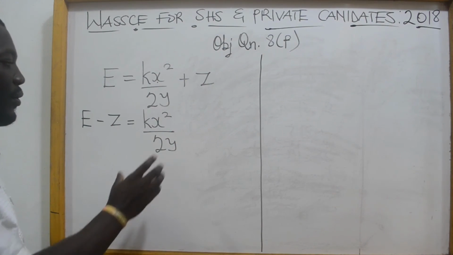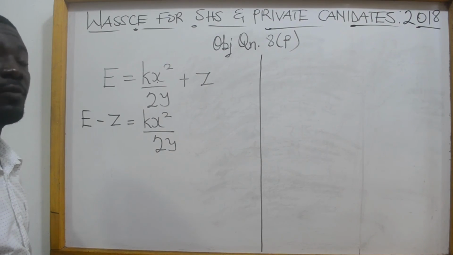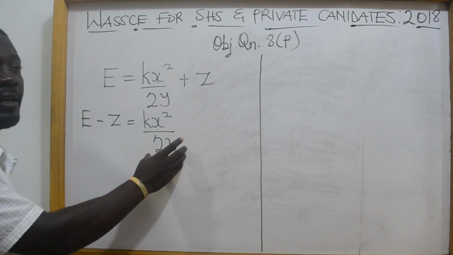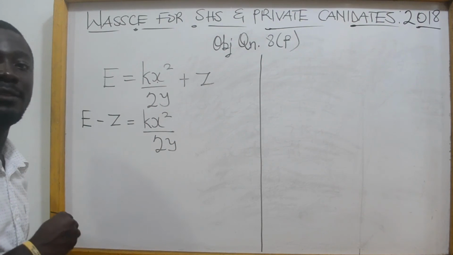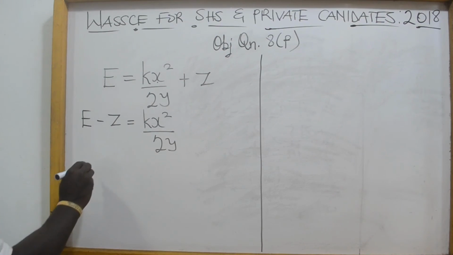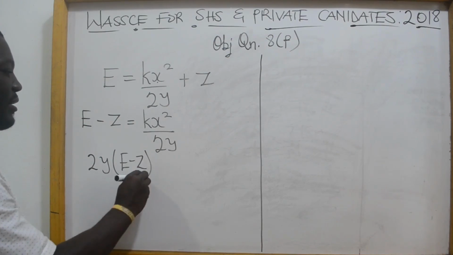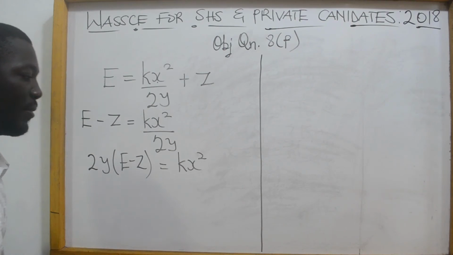Next, we send the 2y to the left hand side with the help of cross multiplication. It is denominator here, so it moves from the right hand side to the left hand side, it becomes a numerator, which will give us 2y into brackets y minus z is equal to kx squared.